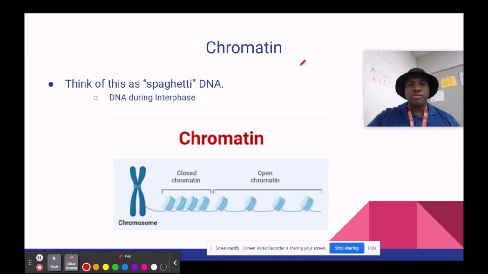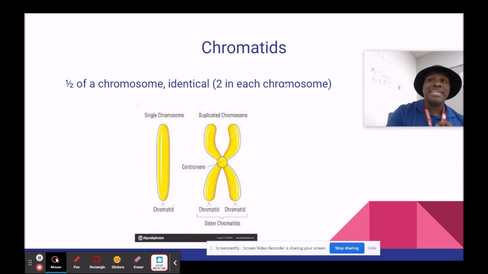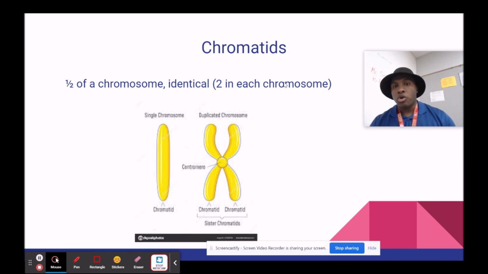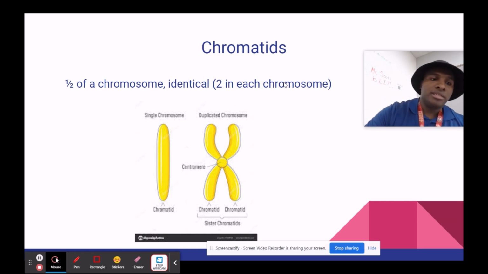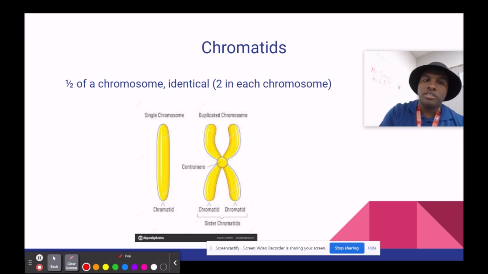And then I think we're moving on up to our last C word. You have chromatids. Now, we had chromatin, and now we have chromatids with a D. So this is one half of a chromosome. They are identical. You have two in each chromosome. So here, if you look at the screen, you have a chromatid, and then here we have what we call sister chromatids because they're the same size.